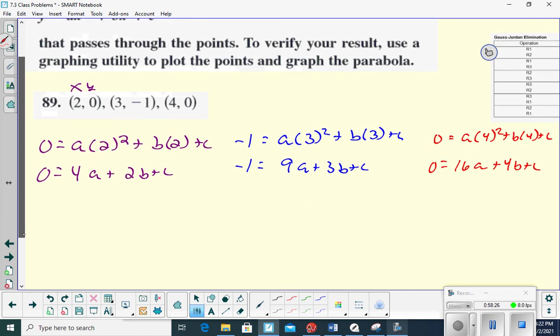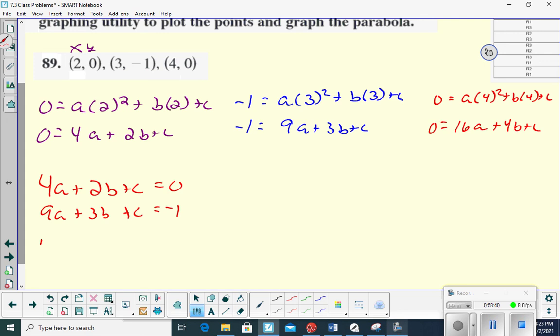So let's just say 4a plus 2b plus c is equal to 0. 9a plus 3b plus c is equal to negative 1. And then 16a plus 4b plus c is equal to 0.